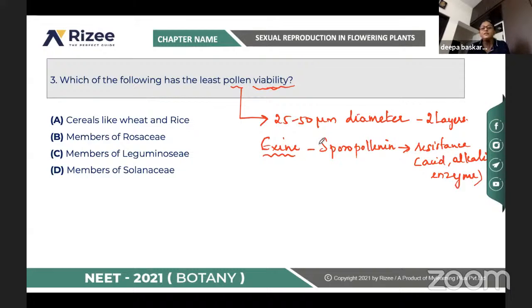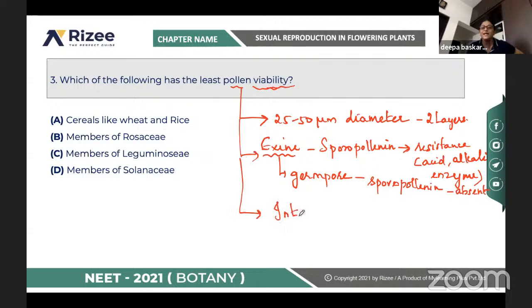The pollen has a germ pore, where this sporopollenin is absent in the exine. A question can be asked: sporopollenin is absent in the germ pore. That is a small pore present in the outer layer of the pollen grain. The second layer is called intine, the inner wall which is made up of cellulose and pectin.